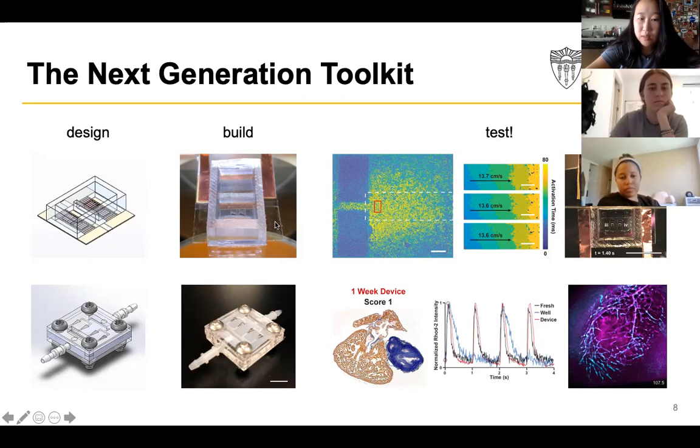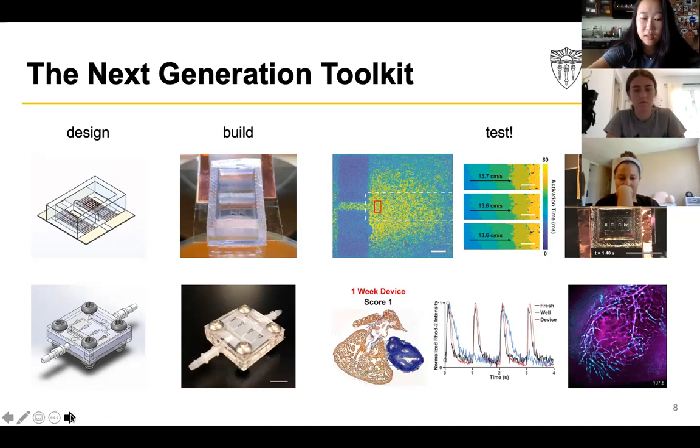So I was able to embed this transparent and clear electrode within the device so that we could actually stimulate them electrically with voltage and track how these cells are contracting across the tissue. For the bottom one, it's separate. So I was actually studying zebrafish, and I was able to create a microfluidic device that was able to house 4 hearts at one time so that we could study longer term processes like regeneration.